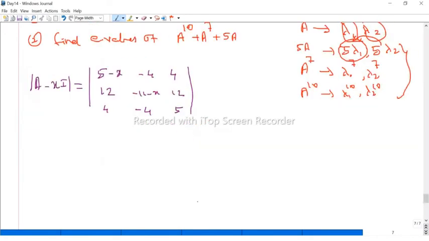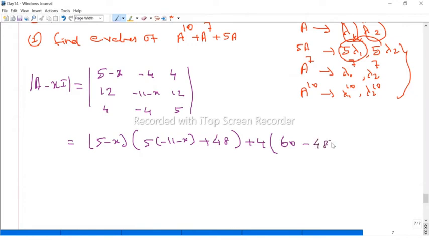So what is the determinant? We can expand via the first row: 5 minus x times 5 into minus 11 minus x, minus plus 48, minus plus 4 times 60 minus 48 plus 4, the last number, into 48 minus 4 into minus 11 minus x.